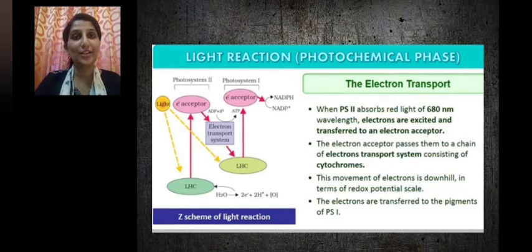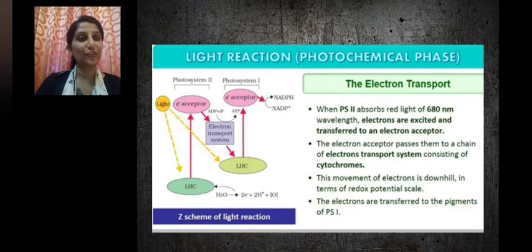We know reduction and oxidation is nothing but loss or gain of electrons, and it is a major pathway by which energy can be transferred within a cell. So this electron transport chain, made up of cytochromes, helps in the passing down of electrons from one cytochrome to the other by undergoing reduction and oxidation reactions.